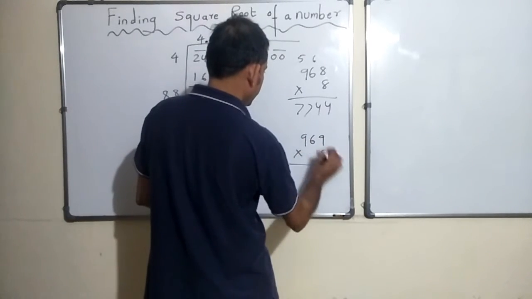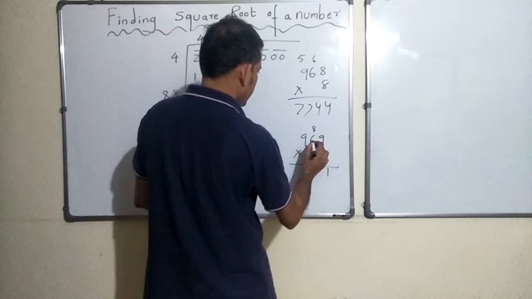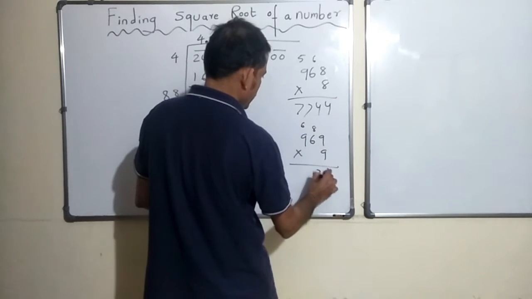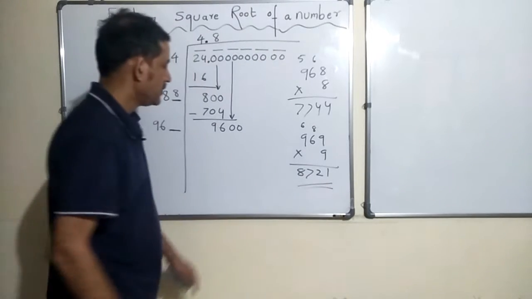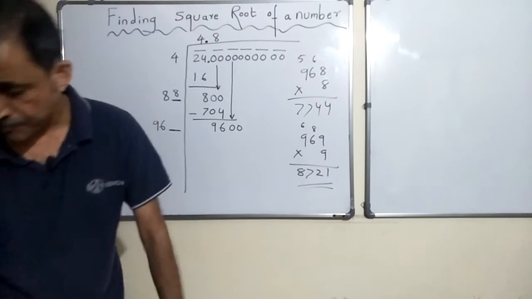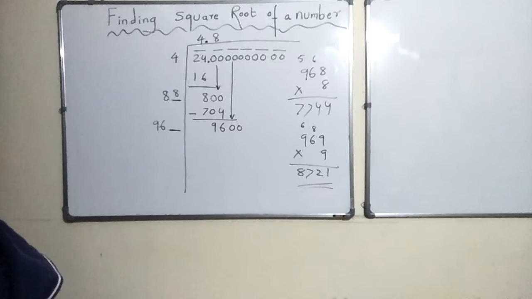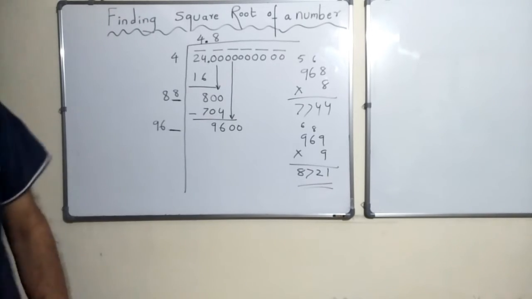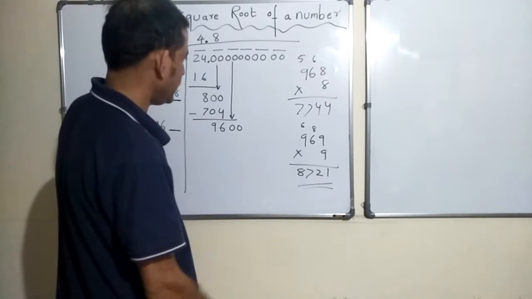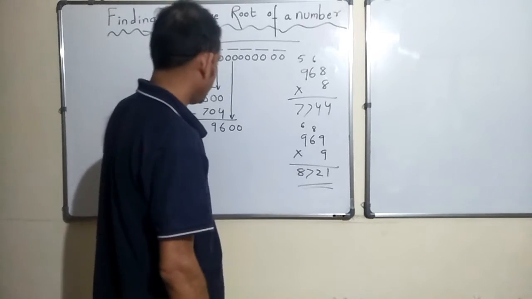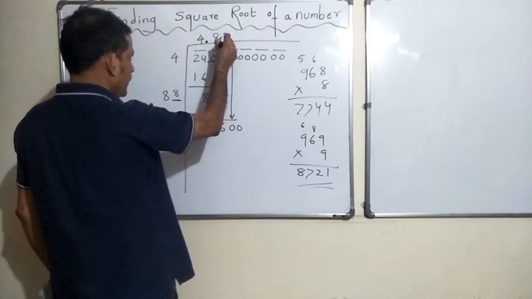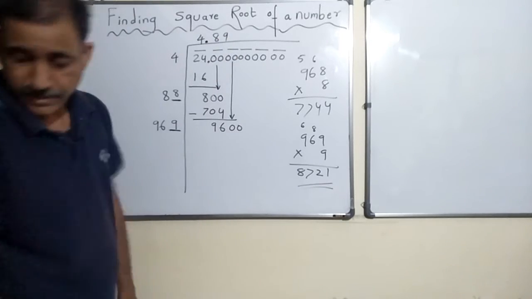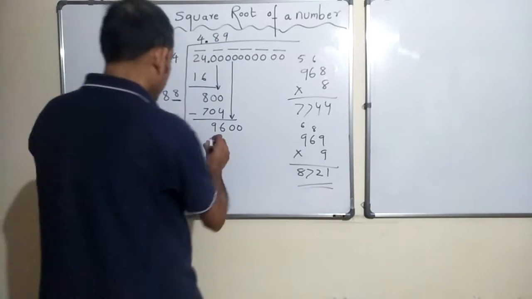Let's take a bit higher; 9 9s are 81. So this is definitely, yeah, I think it is not 8, it is 9. It shouldn't be 8, it is 9. So 969 into 9 comes to 8721.